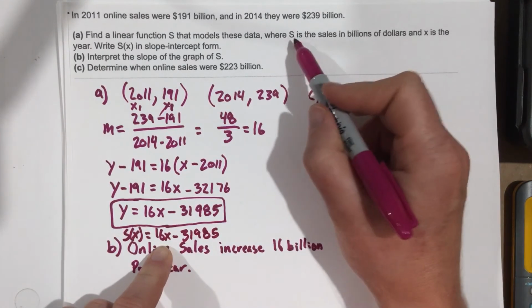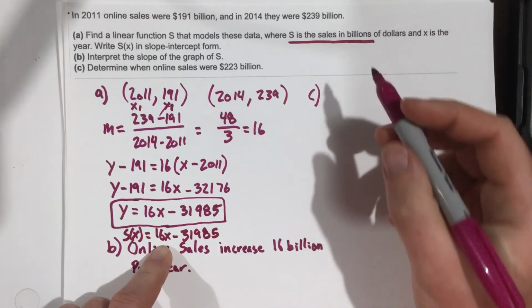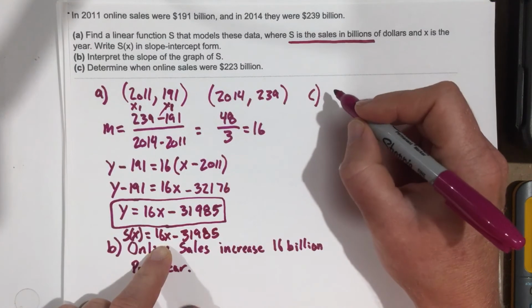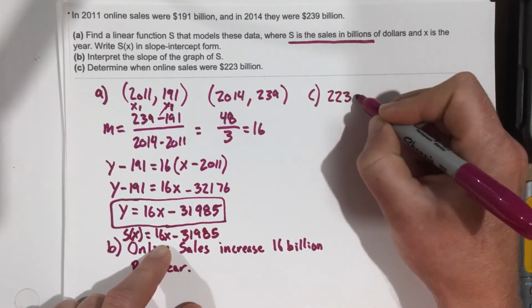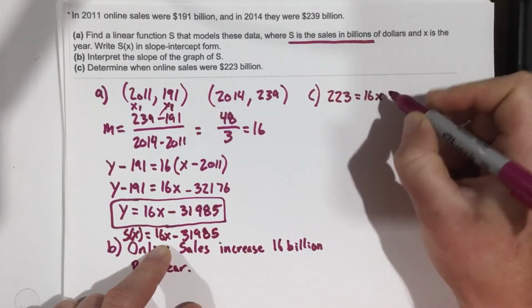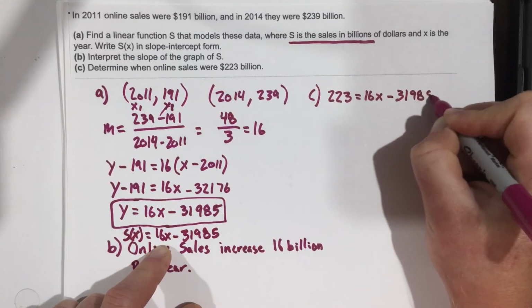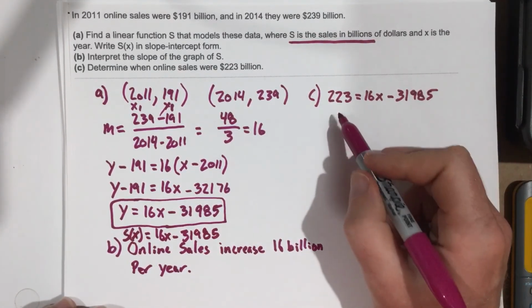We know S of x, they say that right here, is the sales in billions. So they give us 223 billion. We'll put in 223 right here. So we'll say 223 equals 16x minus 31,985. And we're looking for what year? So we're going to add that over.